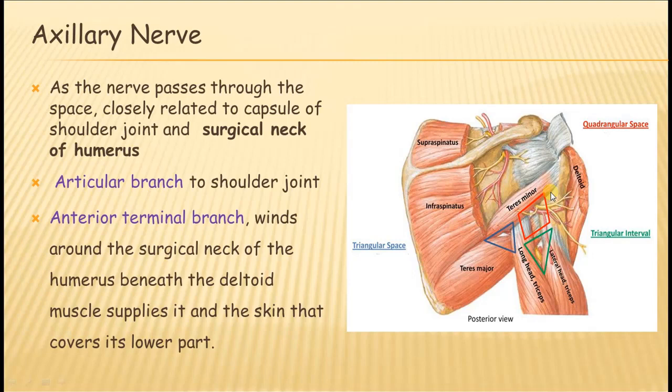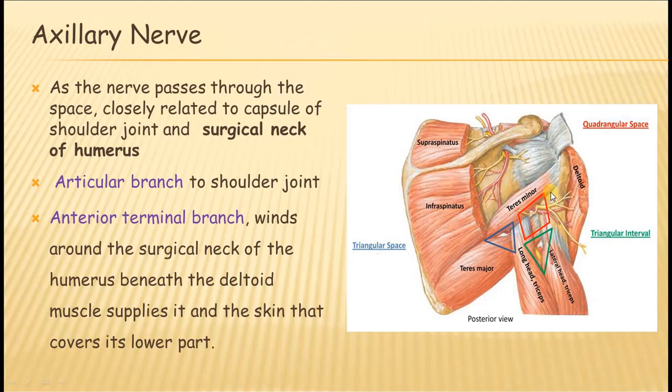Hilton's law states that a muscle acting on the joint, naturally the nerve supplying that muscle will also supply the joint and also the skin covering the joint. So your axillary nerve is going to supply the shoulder joint, and of course the muscle covering the joint, the deltoid muscle, and naturally ultimately it will also pierce and supply the skin over the joint.